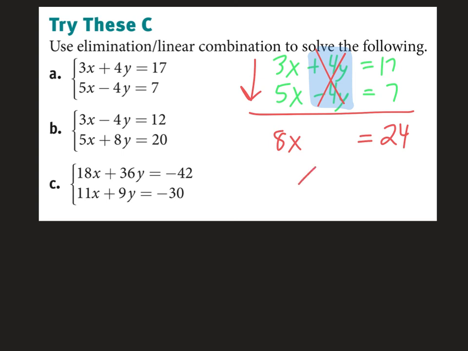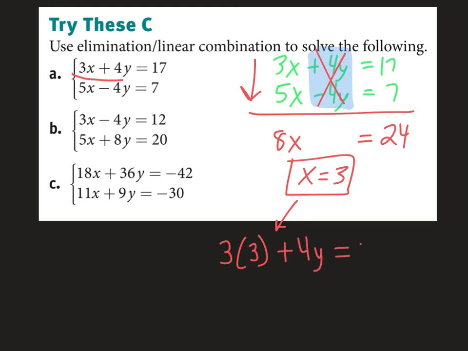We'll just divide both sides by 8. x is going to equal 3. We got x right away. Now we do need to go back though and find y, so we can substitute it back into either of the original equations. It doesn't really matter. I'll just substitute it into the first one. The first equation said 3x, and we know x is 3. So 3 times 3 plus 4y equals 17.